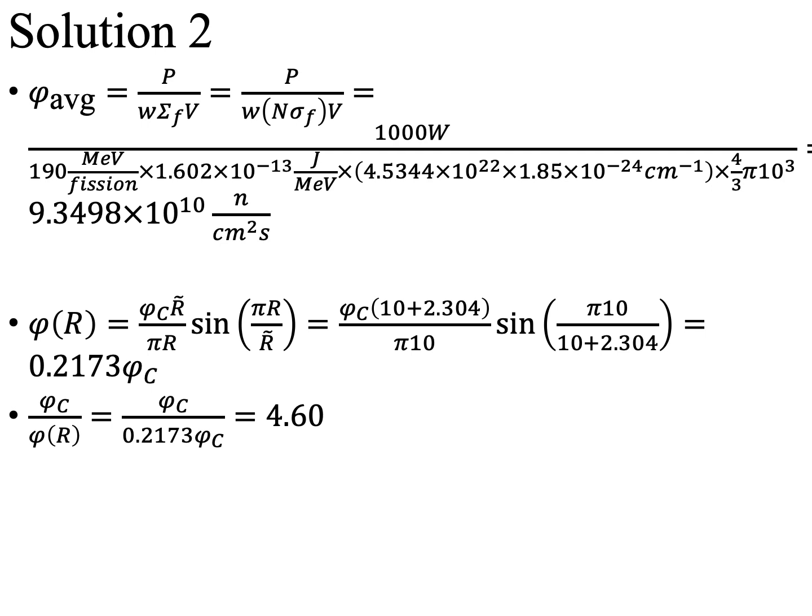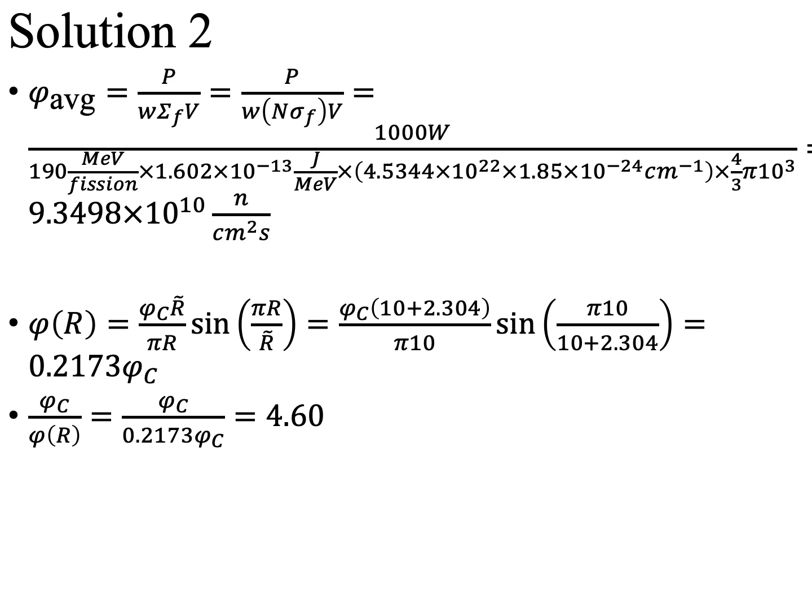Here the P is 1 kilowatt, so we use 1000 watt. Then W is 190 MeV per fission. We need to convert MeV to joule, so we multiply by this coefficient, joule per MeV. Then times the macroscopic cross section, which is the atomic density times sigma F. Sigma F can be found from the table.